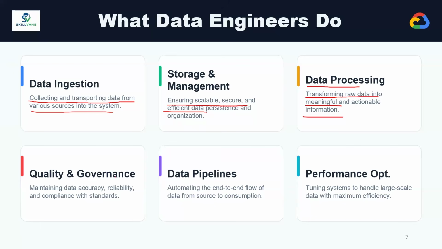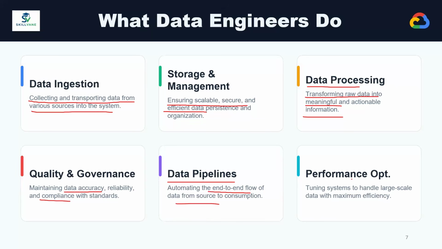And data quality and governance is nothing but maintaining the data accuracy, compliance, completeness, and similarly the access control. Data pipelines means we are going to create end-to-end data pipelines which will automatically capture, store, analyze, and create.